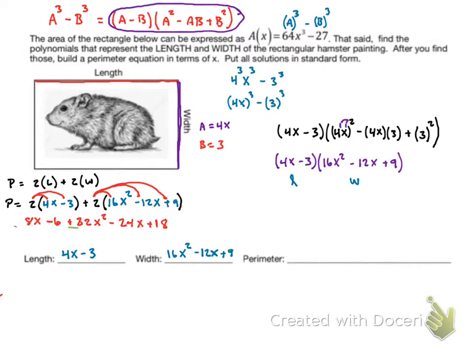Start with your highest exponent, x squared. We have no other x squared, so 32x squared gets written first. Then our x's, we have 8x minus 24x. That gives us negative 16x. And then our numbers, we have negative 6 plus 18, which is 12. So there we have our perimeter.